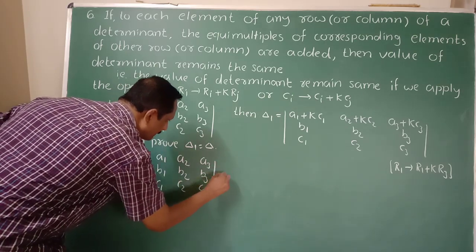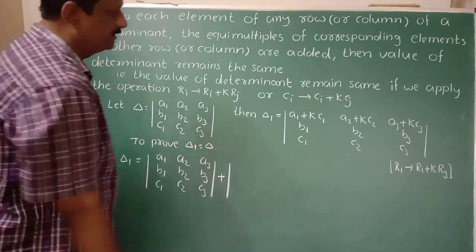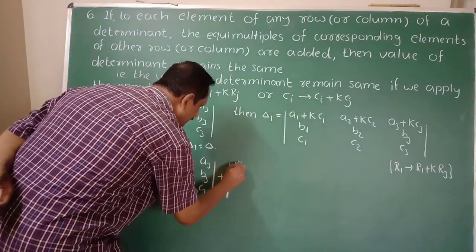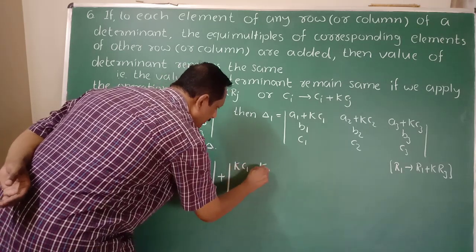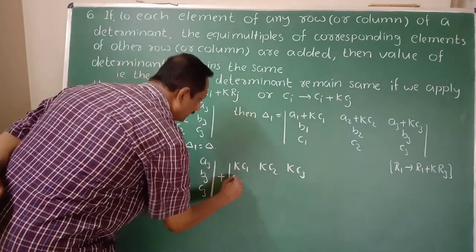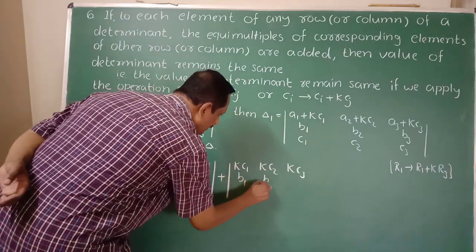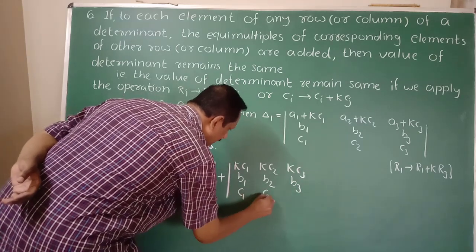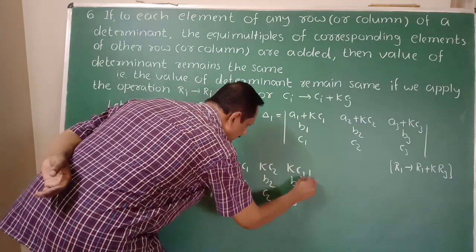Then plus determinant of k into C1, k into C2, k into C3, then B1, B2, B3, C1, C2 and C3.